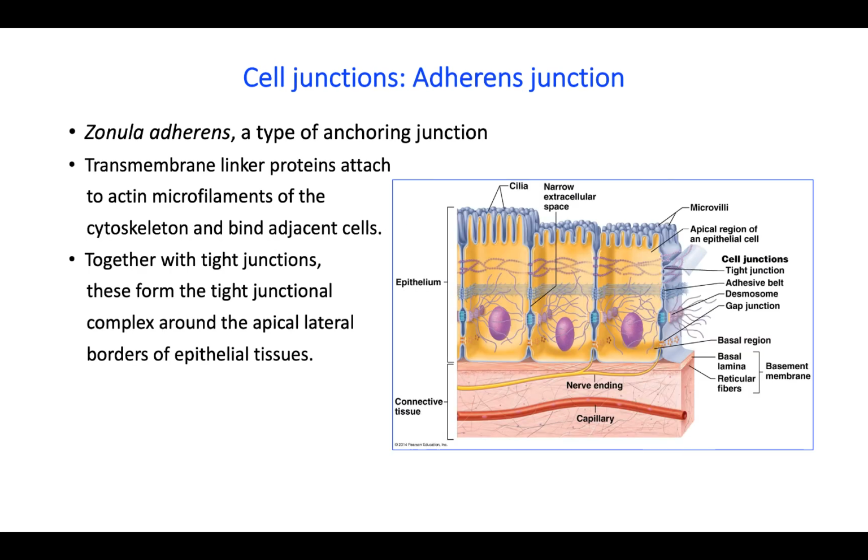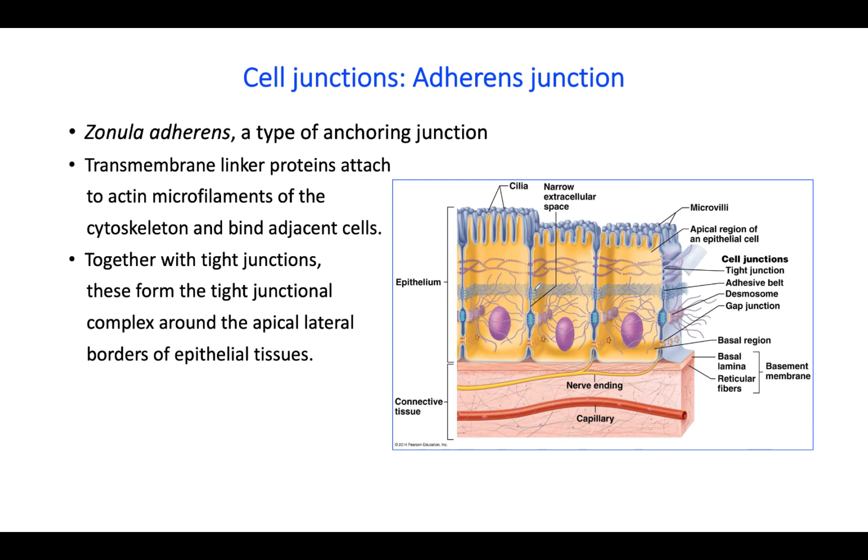Another type of cell junction is adherens junction. We call that zonula adherens, a type of anchoring junction. A transmembrane protein is attached to actin microfilament in the cytoplasmic portion and then binds the adjacent cell. In other words, the adjacent cell also has the same situation.